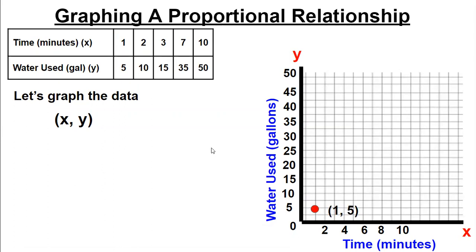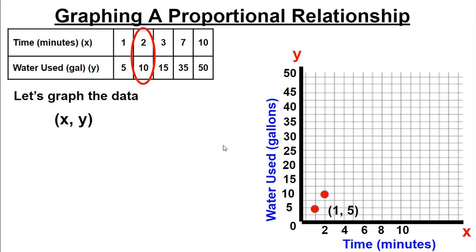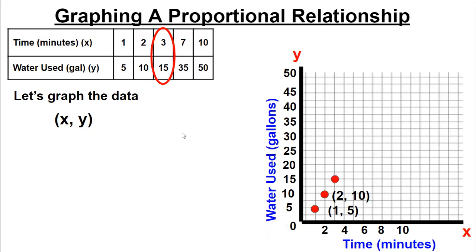Let's plot 2, 10. The next one in our table. So we find the number 2 here, and we go up to 10, and we put our dot. So there's 2, 10. Now we're going to plot 3, 15. So we go out, find the number 3, and we go up to 15, and we put a dot there.